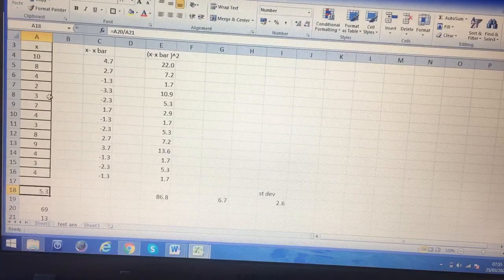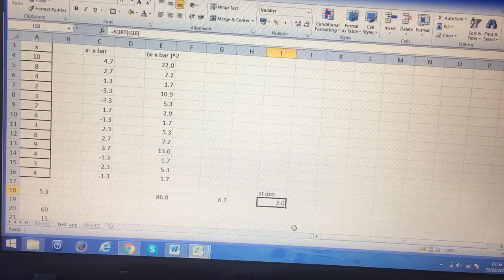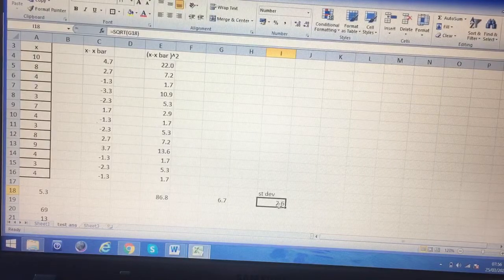Let's go back. We had some clever people who got 10 out of 10. Maybe you cheated, I don't know. Okay, you got 10 out of 10. You got 3, you got 4, 3, 7, like that. The mean was 5.3 and the spread was 2.6. That means 2.6 marks above that mean and 2.6 below the mean, 68% of my class got within a standard deviation above or below the mean.